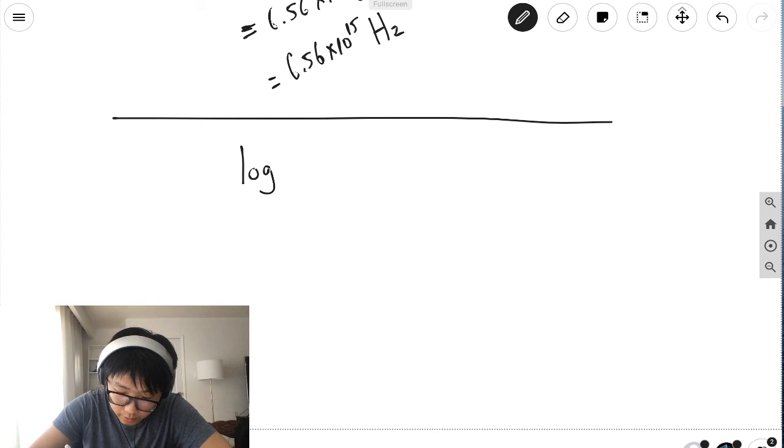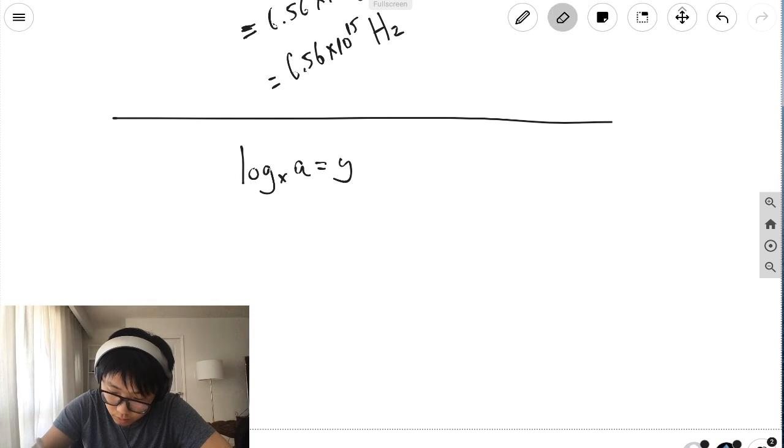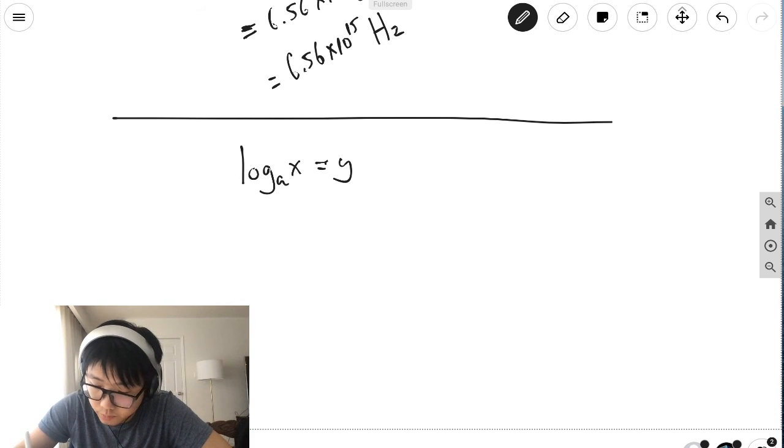So if I write log base x of a is equal to y, maybe I should actually use base a instead. Log base a of x is equal to 4. Can you rewrite this equation in terms of exponential form?